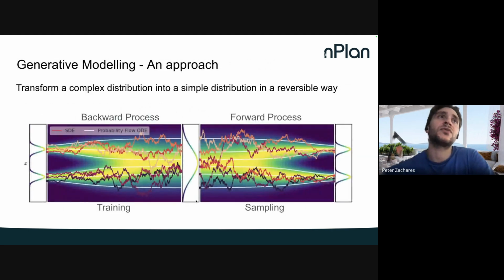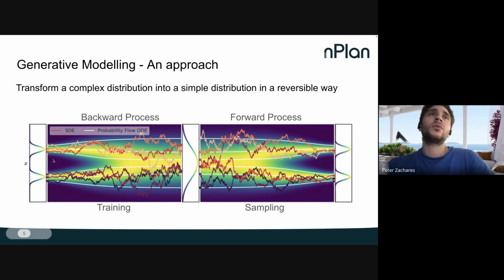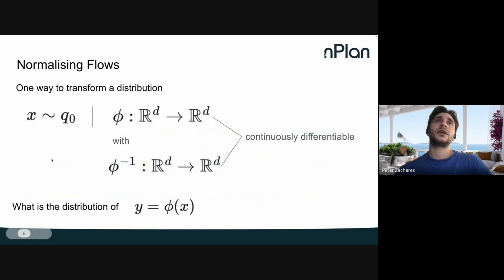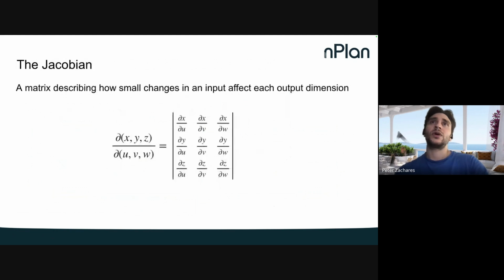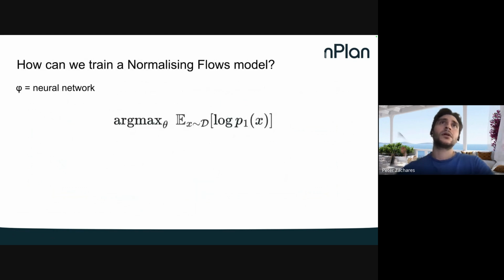If you remember, we want to transform one distribution into another, and we want to train a model to do that. So we have this normalizing flows way of doing that with these equations. What we can do then is parameterize phi with a neural network, and then maximize the expected log likelihood of each point in our data distribution.